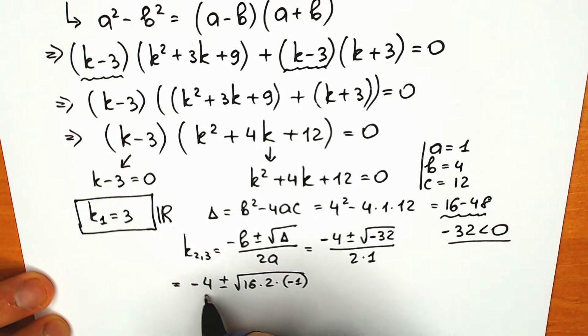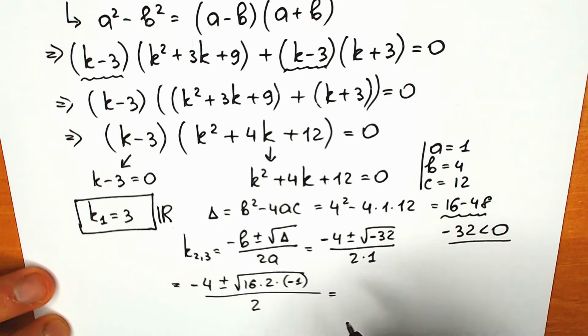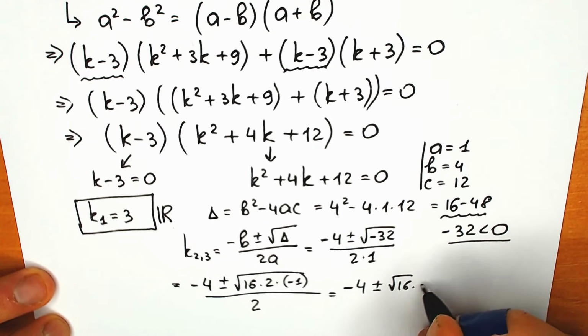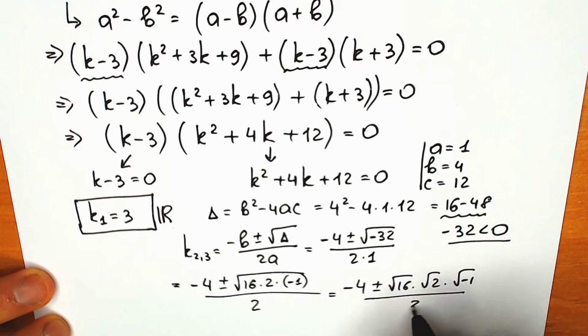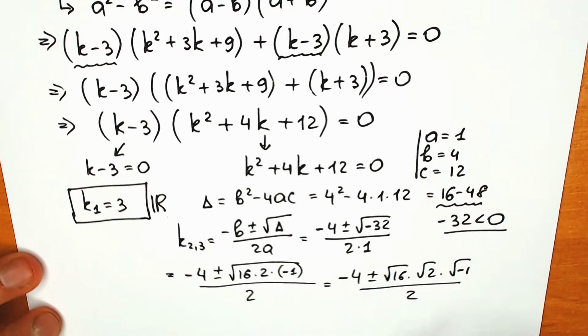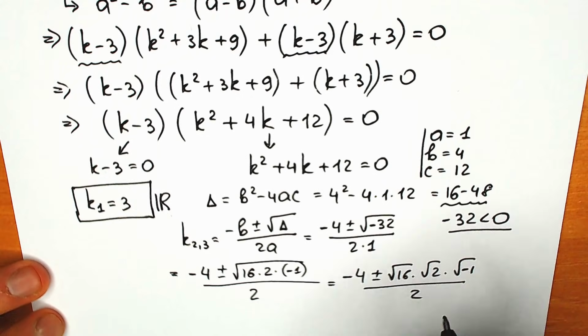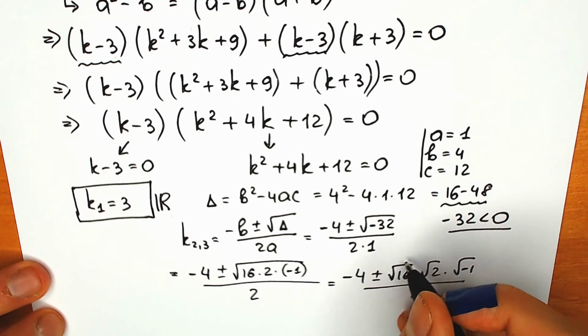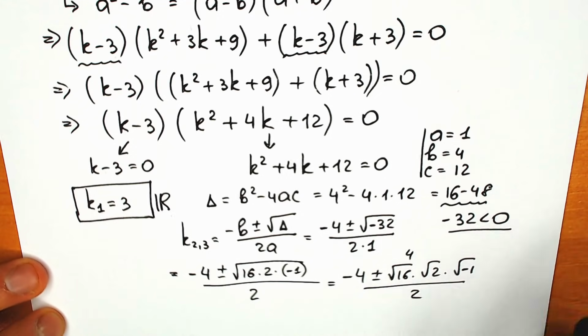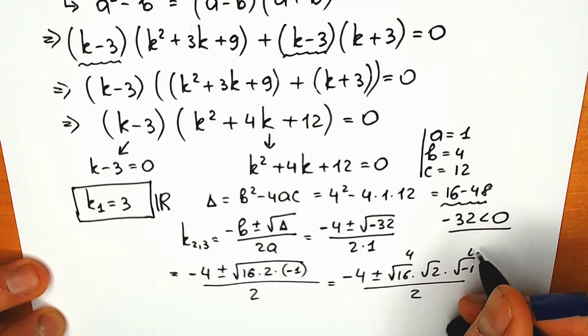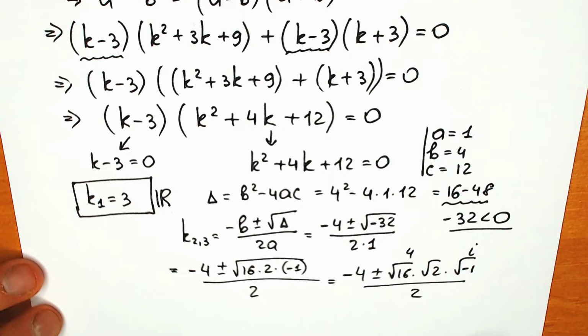According to the square root property, we can split everything. We can write it as square root of 16 times square root of 2 times square root of minus 1. Square root of 16 equals 4, square root of 2 we can keep, and square root of minus 1 equals i. So this is our imaginary unit.